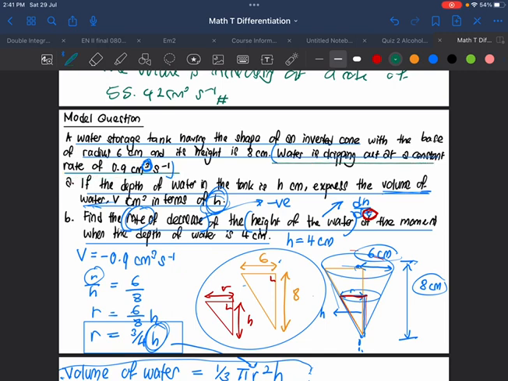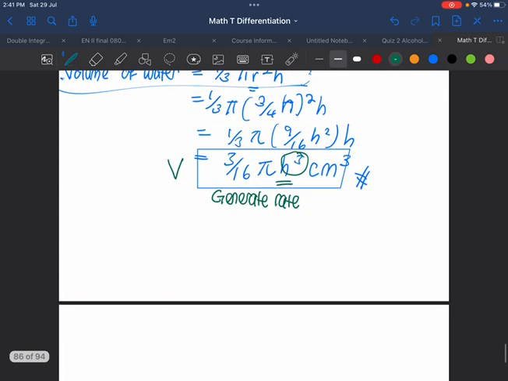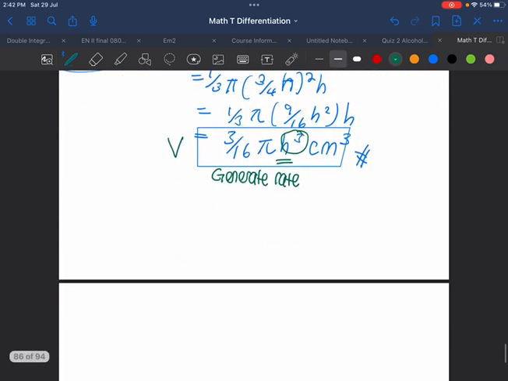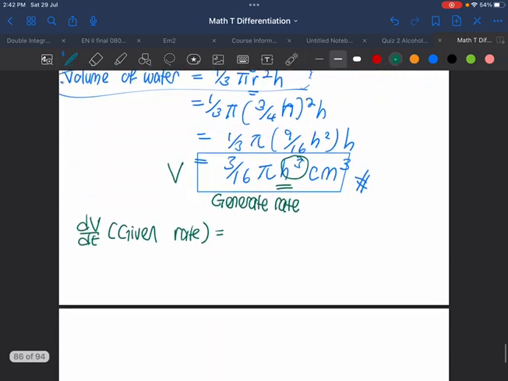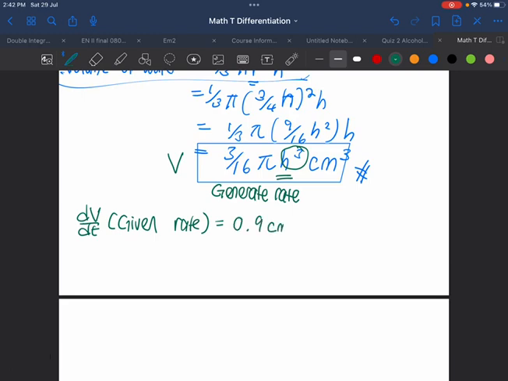The volume is dripping out, so it's dV over dt. The question is quite straightforward, and you know that dV over dt is the given rate. The given is that it is dripping out at 0.9 centimeter cube per second. So you know it's negative 0.9 centimeter cube per second, since it's decreasing. So you already know the given rate.